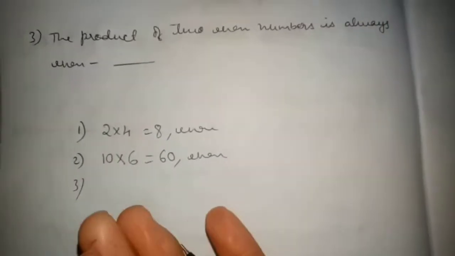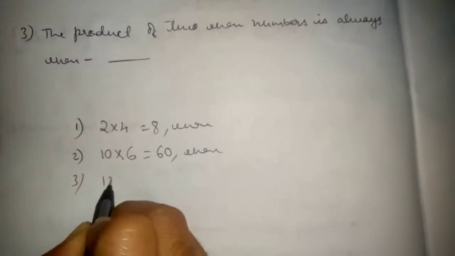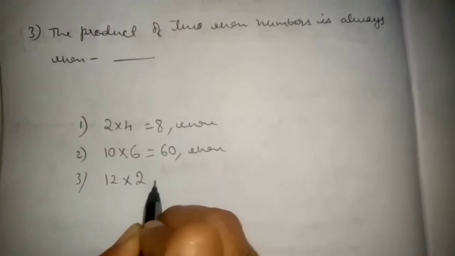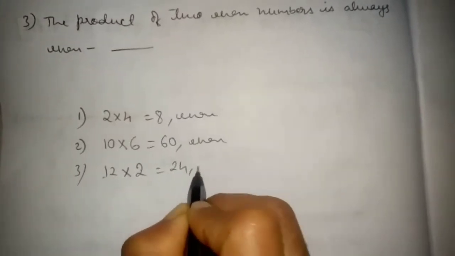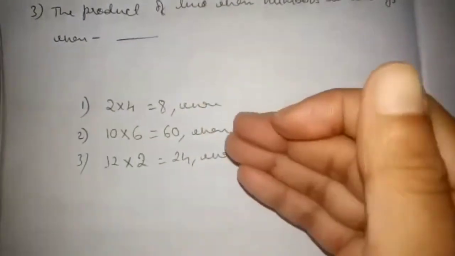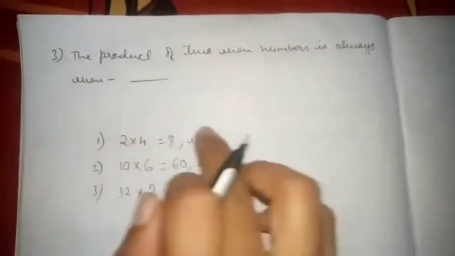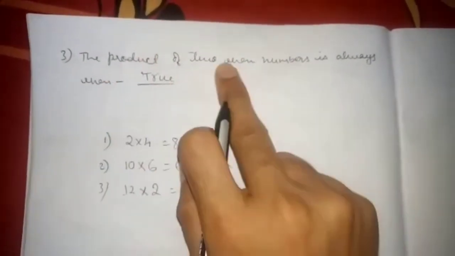Let me take one more. 12 into 2. 12 is an even number, 2 is an even number. 12 2s are 24, again an even number. So there is no change in 3 examples. So this is always even. So this statement is true: the product of two even numbers is always even.